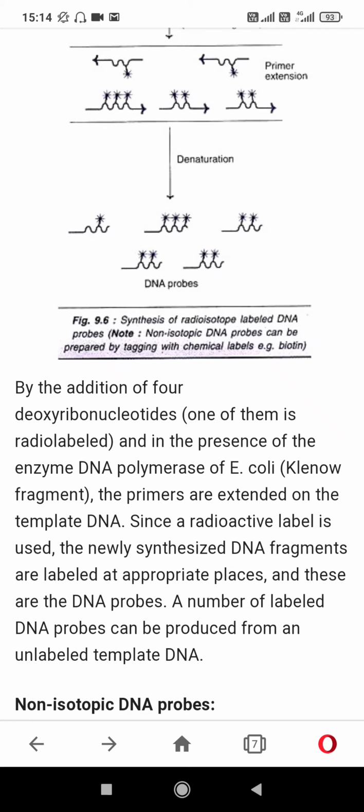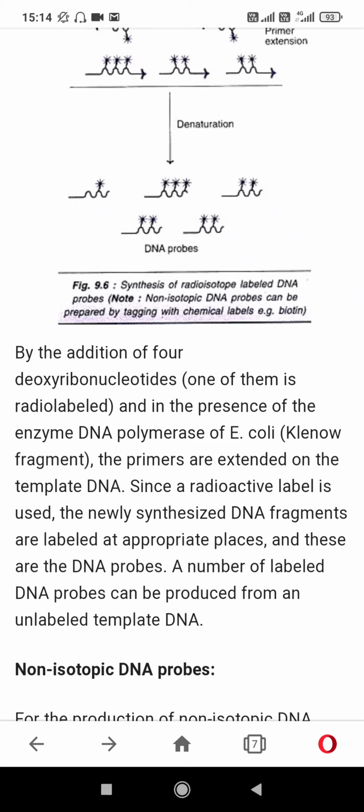The primers are extended on the template DNA, and since radiolabel is used, the newly synthesized DNA fragments will have some radioactive substance as appropriate bases, and they are used now as DNA probes. So in this, the probes are being prepared. A number of DNA probes can be produced from an unlabeled template DNA.